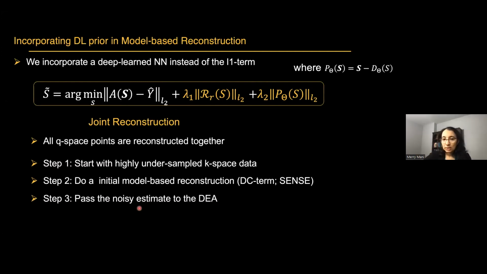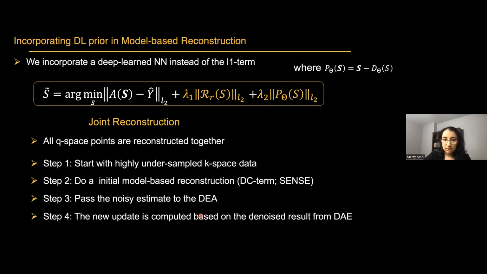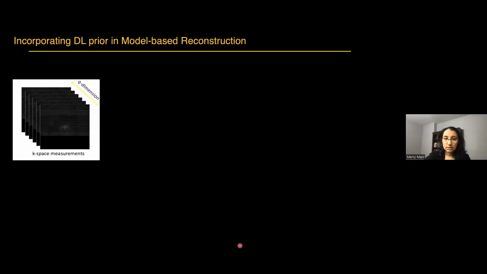The estimate that comes out of that is of course going to be noisy, but we can pass it to our pre-trained denoising autoencoder neural network, and it can provide us with a predicted Q-space signal that belongs to the subspace where we want to reconstruct it. Based on that new update, the model-based reconstruction goes back to the measured data and comes up with a new update that satisfies the data consistency term.